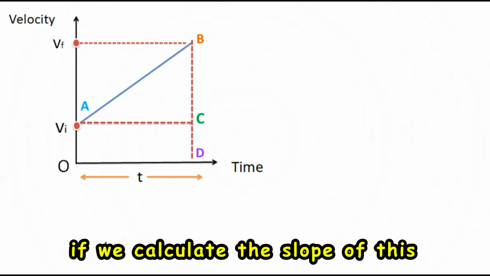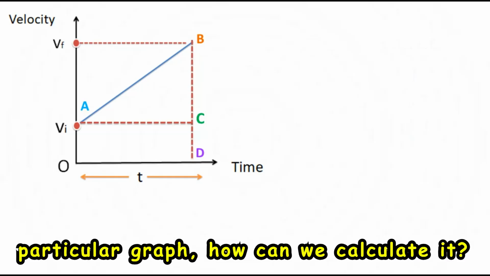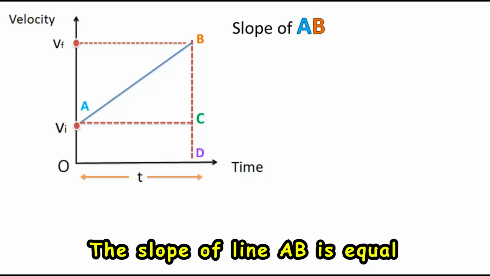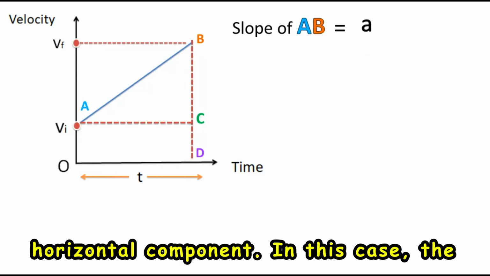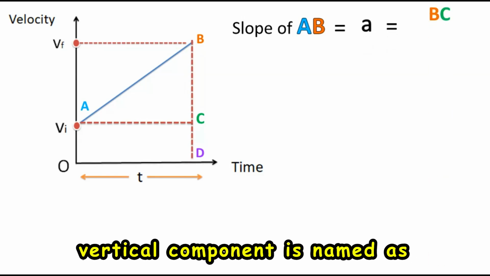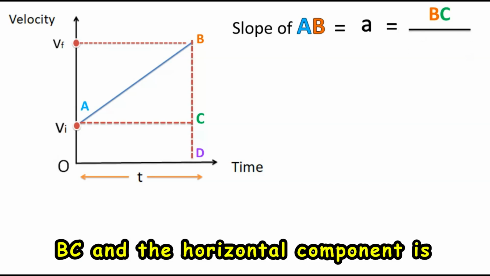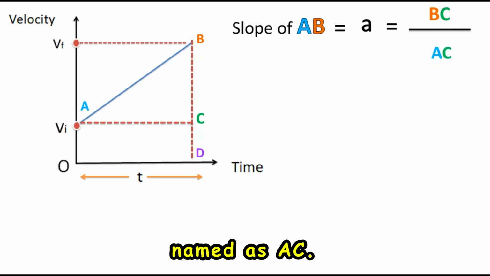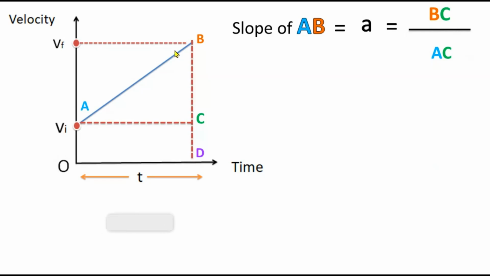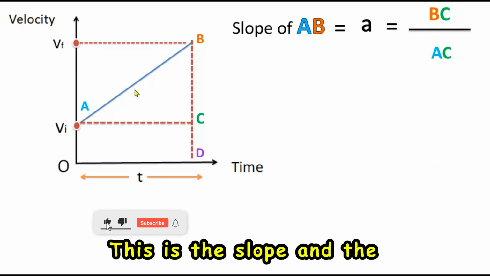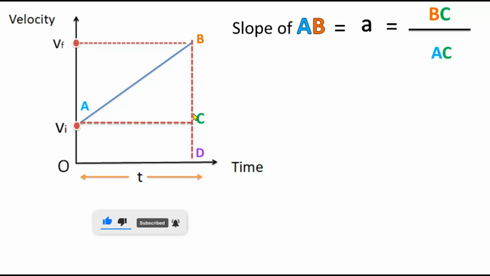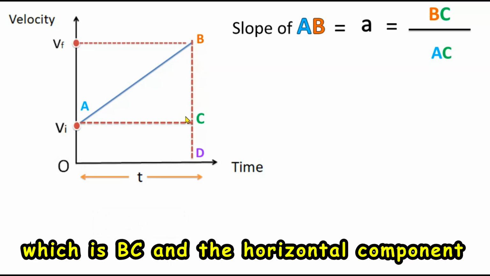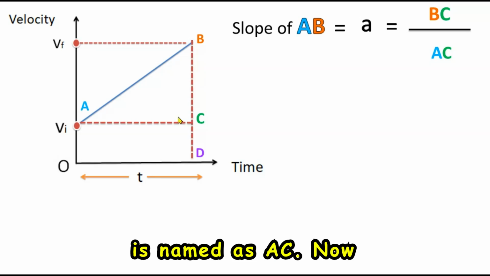So how can we calculate the slope of this particular graph? The slope of line AB is equal to the vertical component divided by the horizontal component. In this case, the vertical component is named as BC and the horizontal component is named as AC.